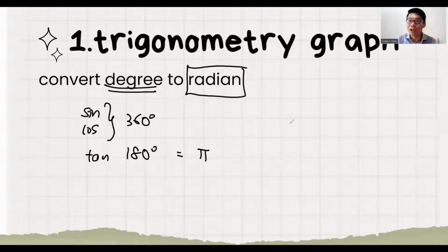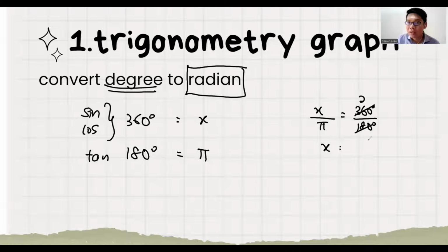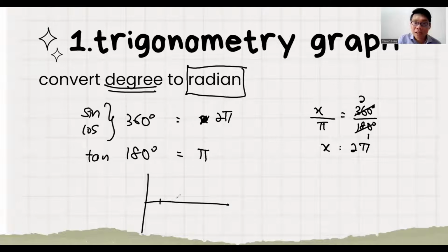We can use the relationship. If I don't know how many radians this is, then the radians over pi equals 360 degrees over 180 degrees. So we simplify, and this is 2 pi. Let's say the sine graph.